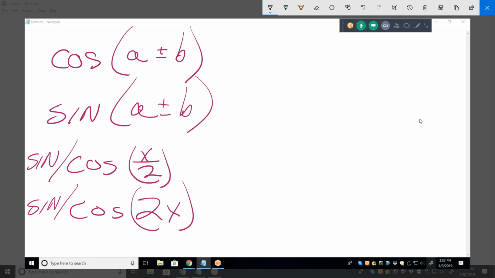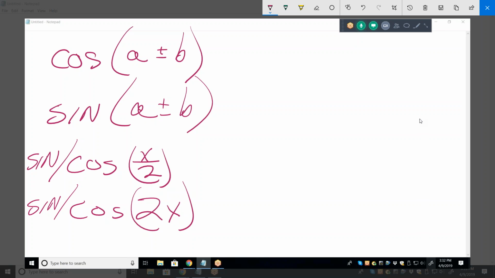Tangent is sine over cosine, so you can figure out tangent. It might be worth memorizing tangent, depending on how many problems they give you that have tangent. I'm not sure I have it memorized, but I know I can figure it out because it's sine over cosine.